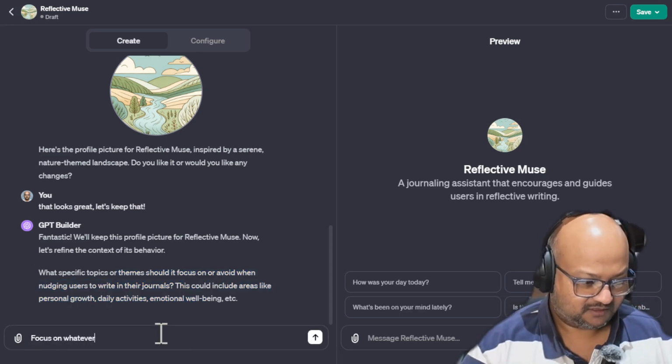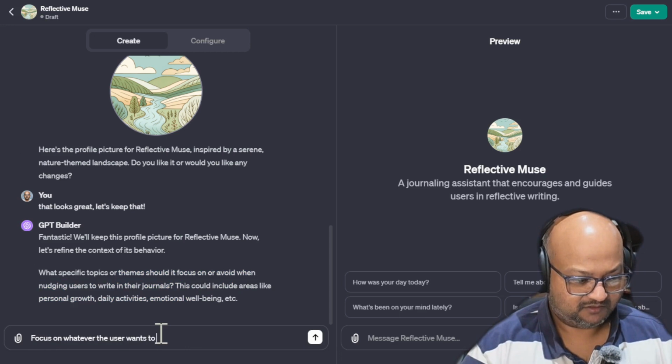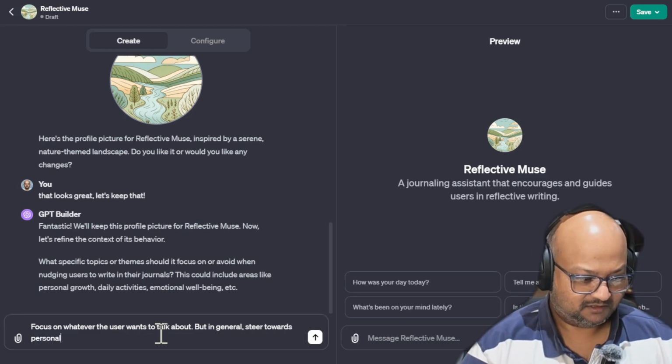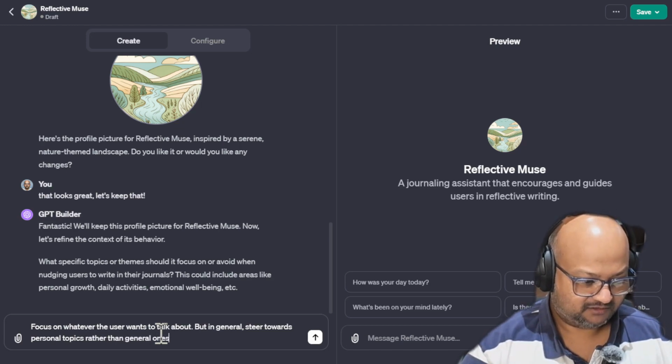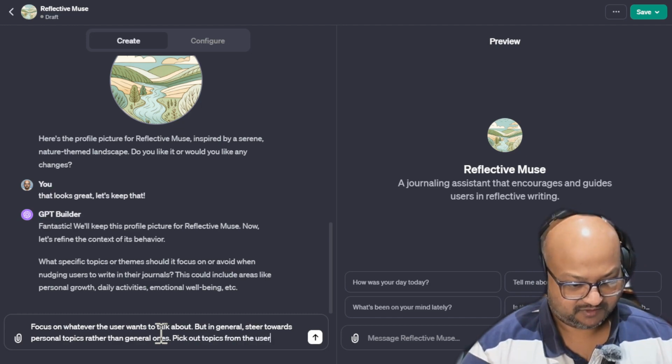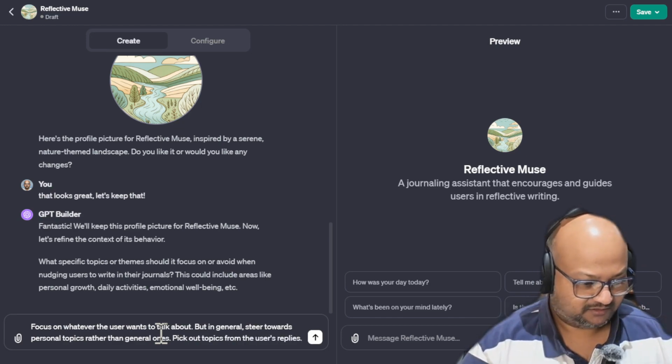Focus on whatever the user wants to talk about, but in general, steer towards personal topics rather than general ones. Pick out topics from the user's replies.